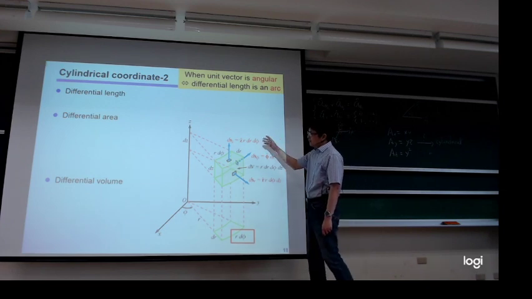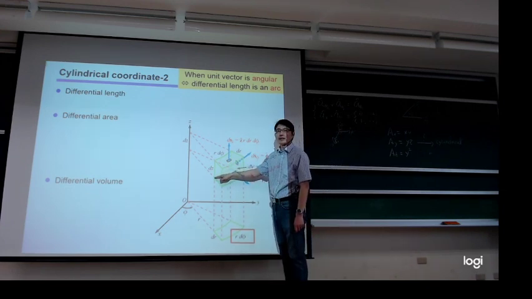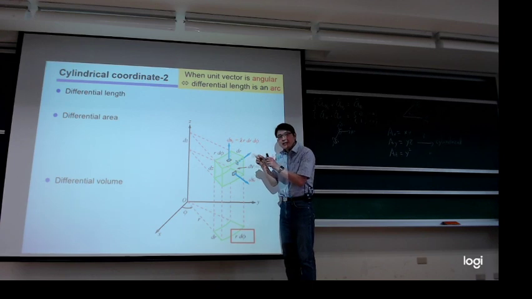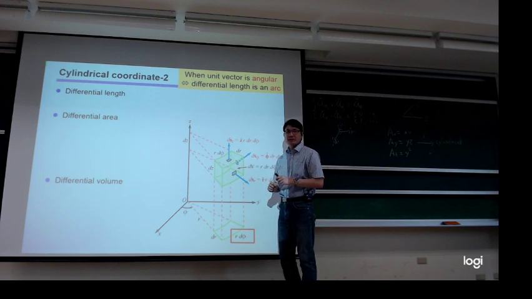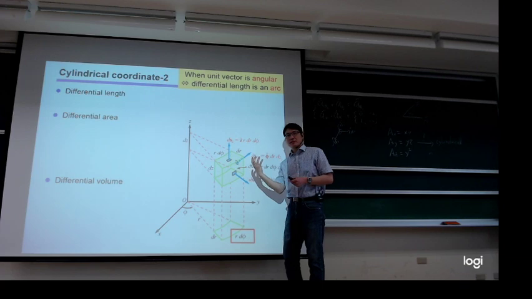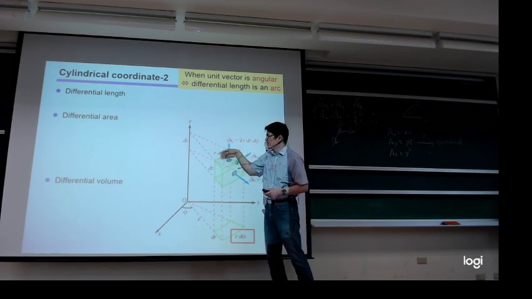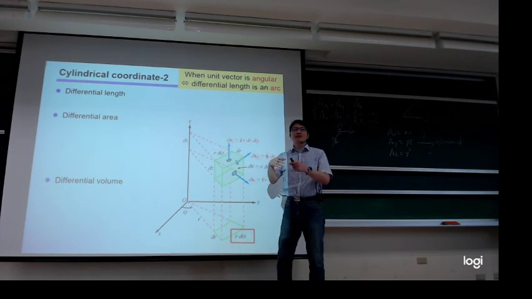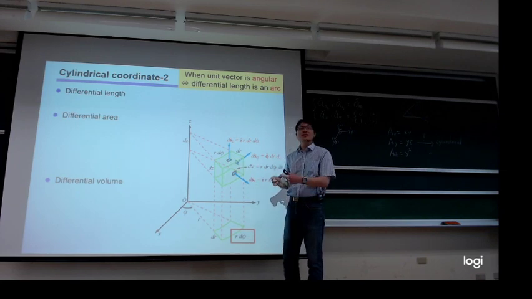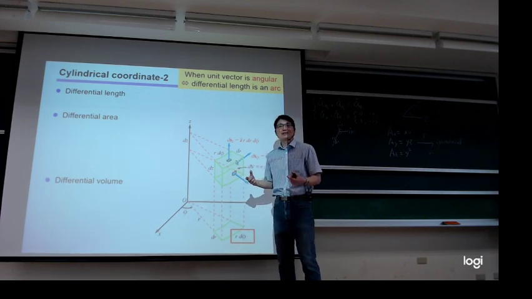If you start at a certain point on a cylinder, and you allow some differential changes along the three unit vector directions, you would end up with this type of three-dimensional object. It's like a pizza where you eat the inner slice first, right? The remaining part of the pizza is like this. I don't really know how to call it.